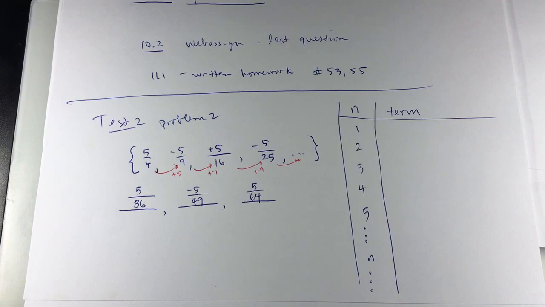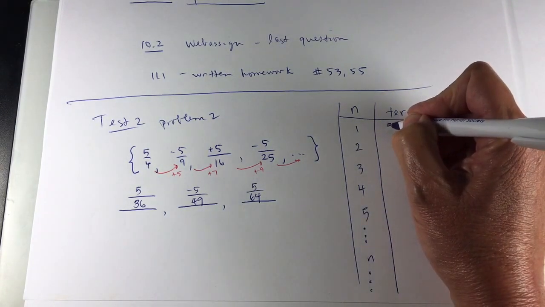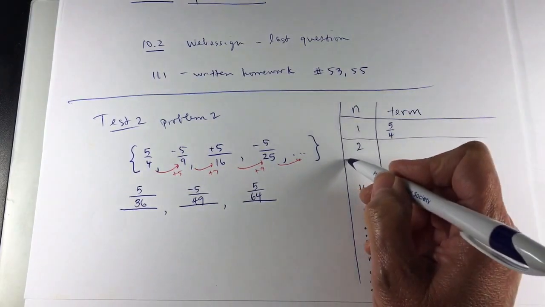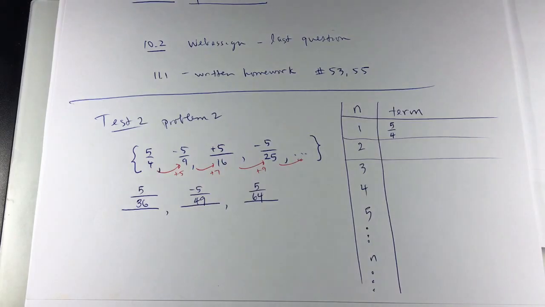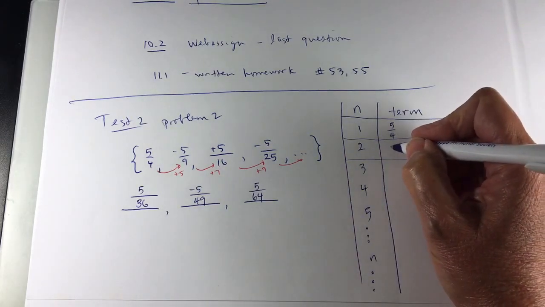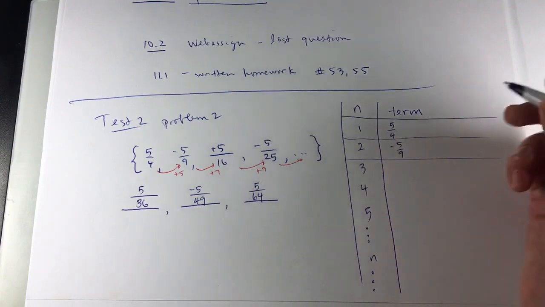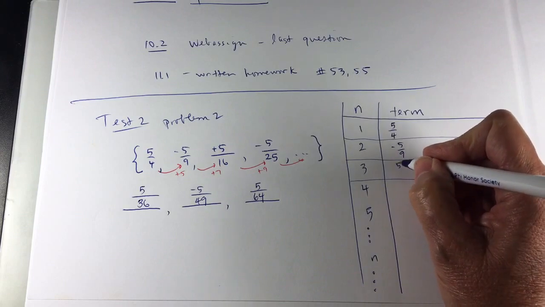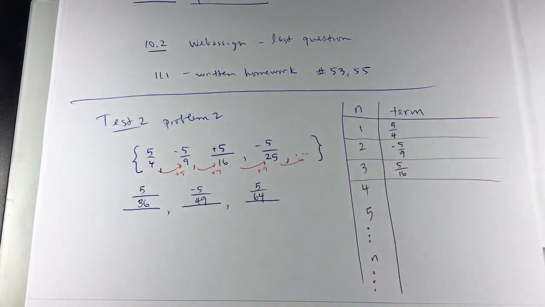And for that, when n is 1, it was 5 over 4, if I start n at 1. When n was 2, it was negative 5 over 9. When n was 3, it's positive 5 over 16.